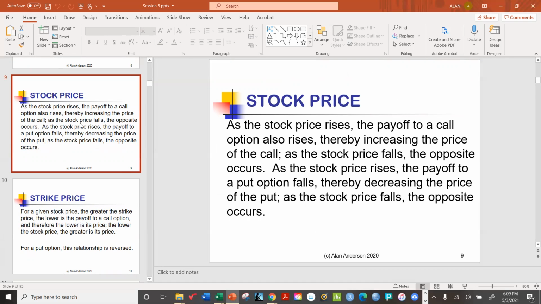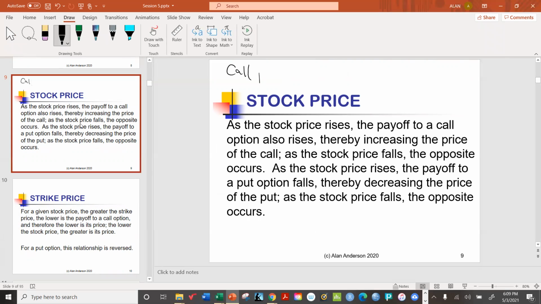So you might recall, for example, the payoffs. Let's write them back down here again, just as a quick reminder. Now, clearly, since X is a constant, if S goes up, the payoff has to go up.